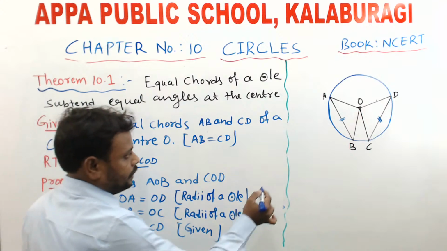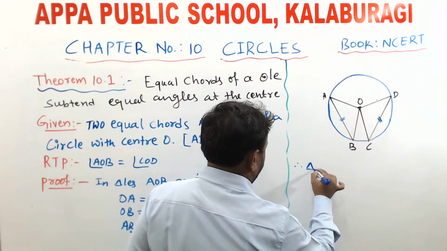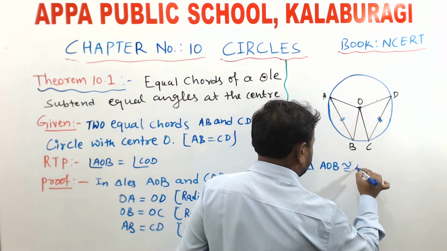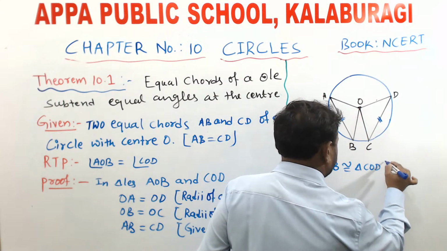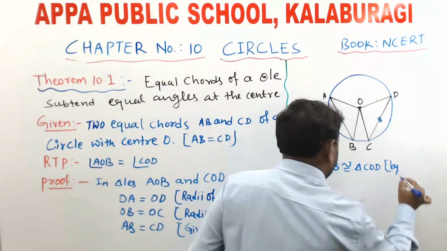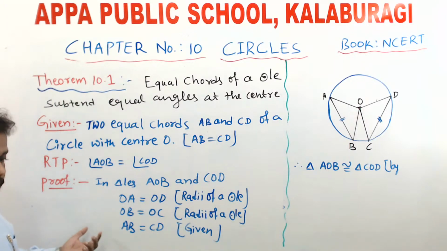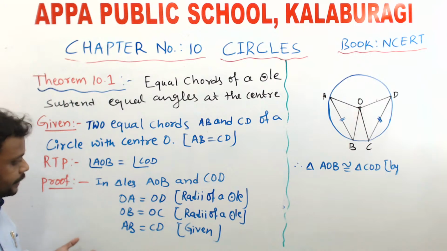Therefore, next you can write it here. Therefore, triangle AOB is congruent to triangle COD by what? In the previous classes, I explained about triangles, this congruence of triangles.